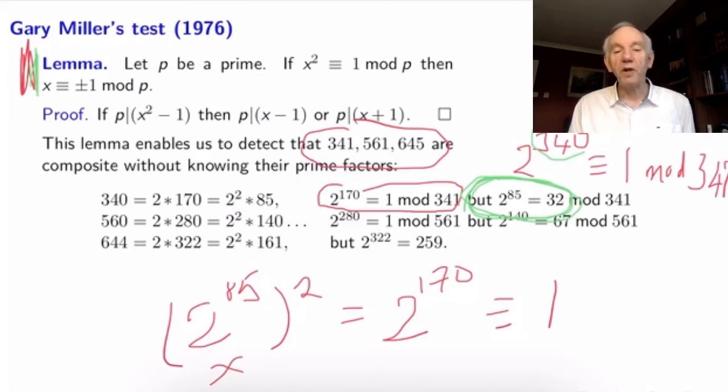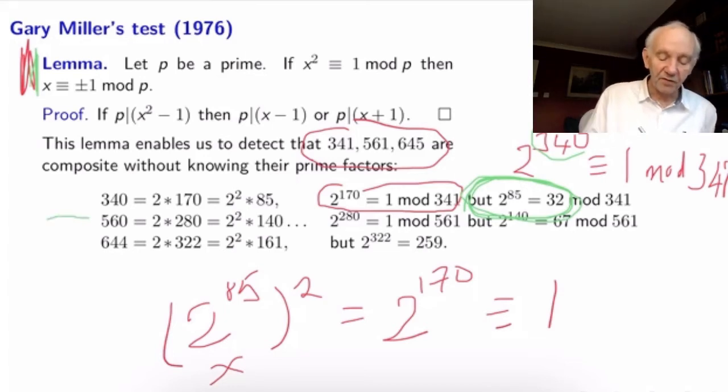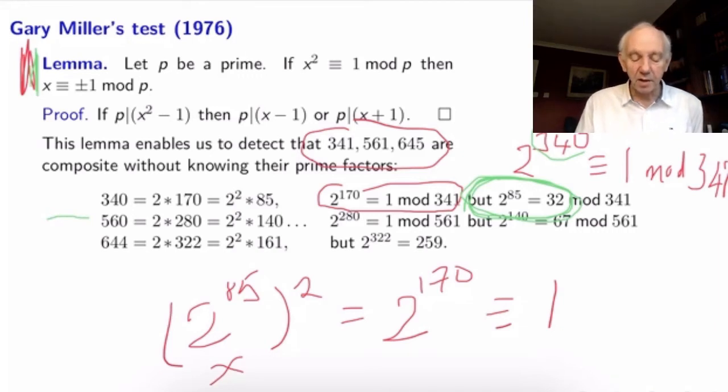Okay, so let me just quickly look at the other two numbers, the other two exceptions. Now it turns out that in the case of 561, we could divide this by lots of powers of 2 and we could keep going. There'd be lots of things to check because half of 560 is 280, then we get 140, 70, and then it becomes odd.